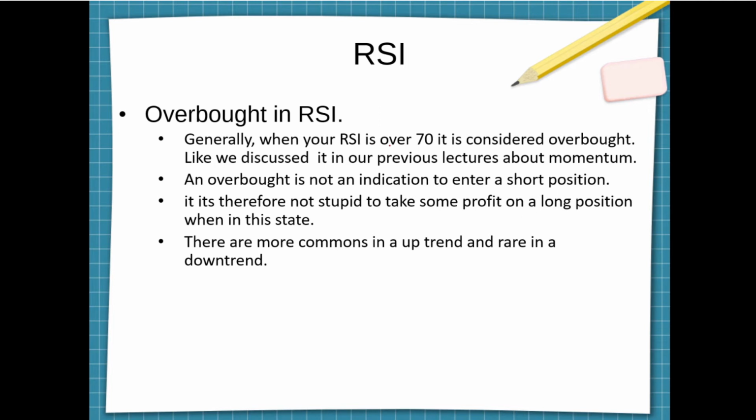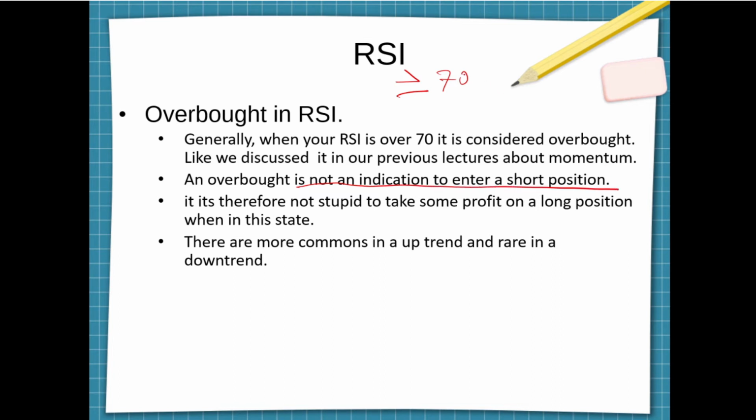Generally, when your RSI is 70 or more, it is considered overbought. Like we discussed in our previous lecture about momentum, when we talked about indicators, an overbought is not an indication to enter a short position.